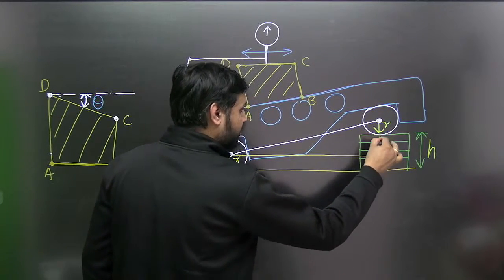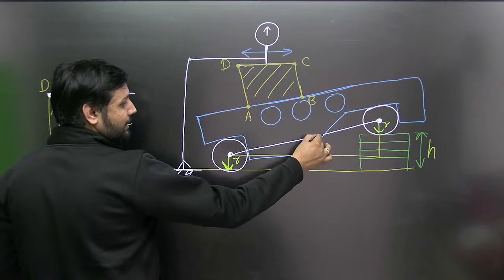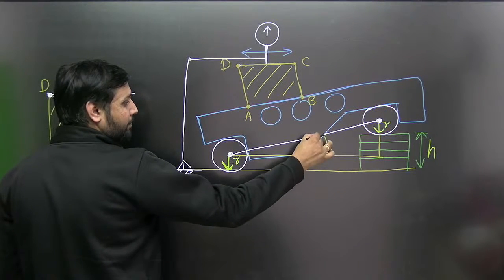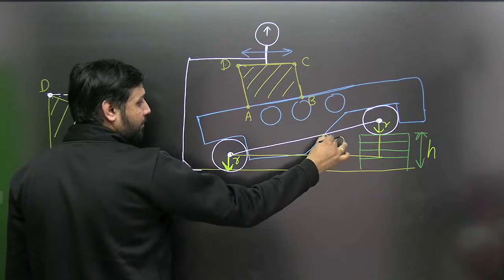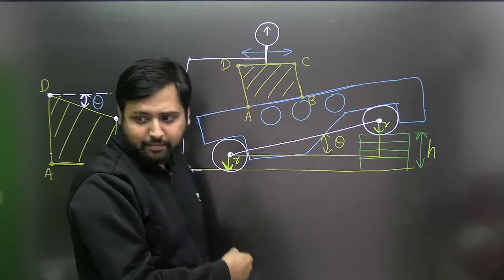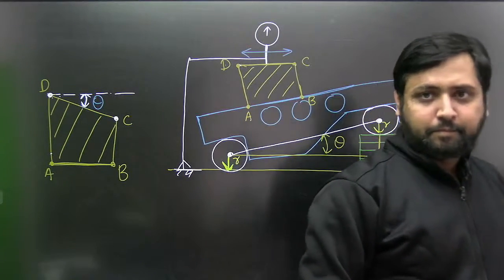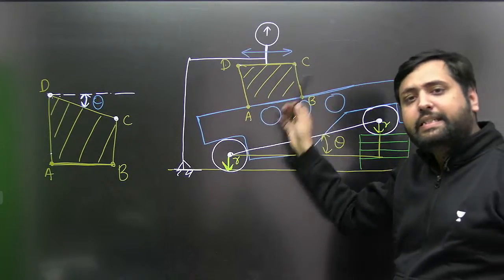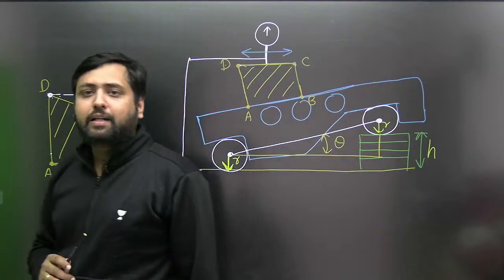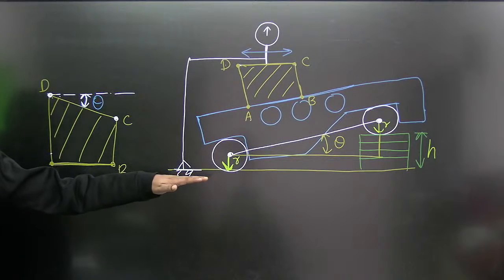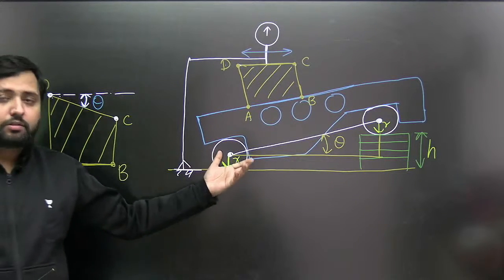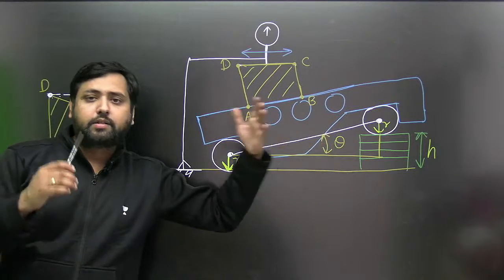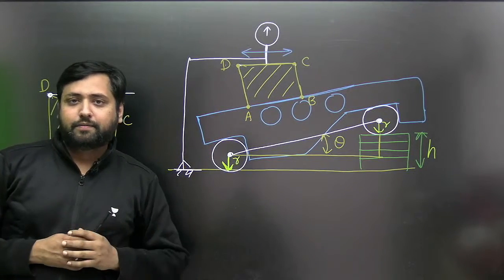One thing is there for sure, that this angle has become theta. Then only has the wedge-shaped block's top surface CD become parallel to the bottom surface upon which the sine bar's roller and the slip gauge are resting.